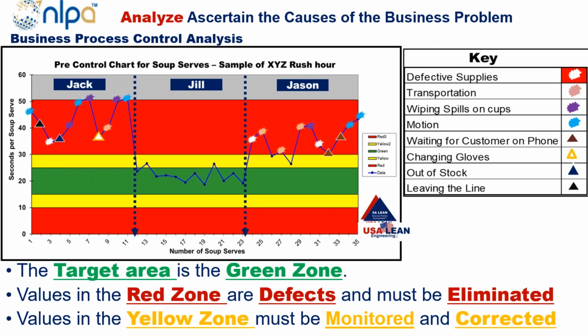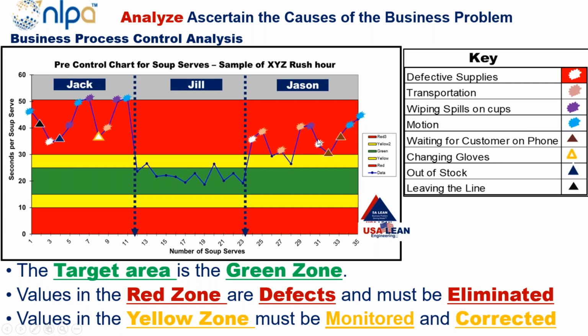They didn't want to wait more than 30 seconds to be served their soup. This is rush hour in New York City. And we see that the person in the middle, Jill, was the only one meeting that specification, meeting the customer requirements. And we see Jack on the left, and Jason on the right, not meeting the specification.